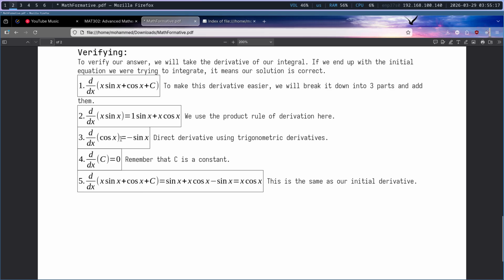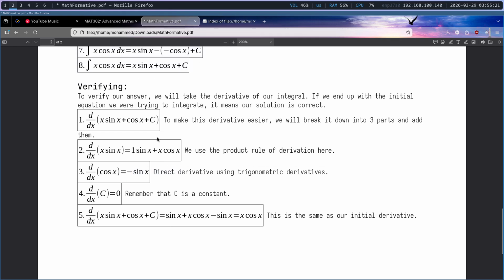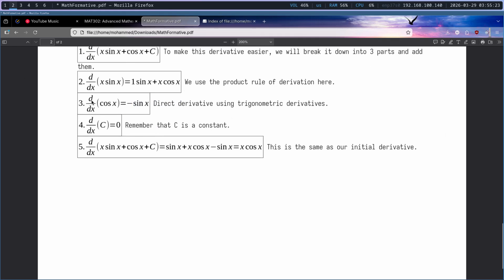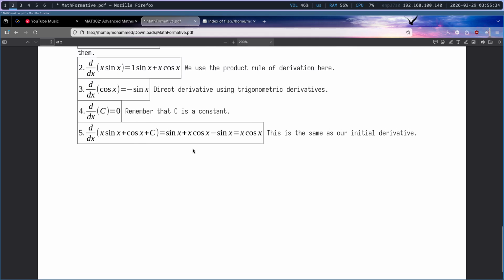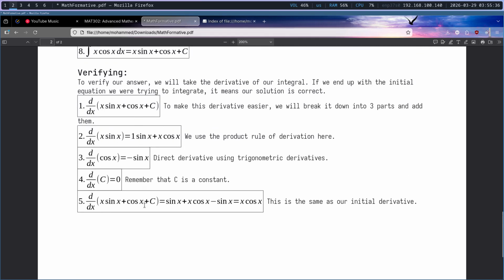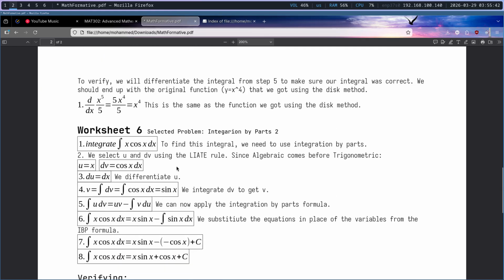Then there was the cosine of x, which came out to be negative sine x using trigonometric derivatives. Then the derivative of c is just 0 because it is a constant, and putting all of this together using addition, we see that the final derivative is x cosine x, which matches our initial given function.